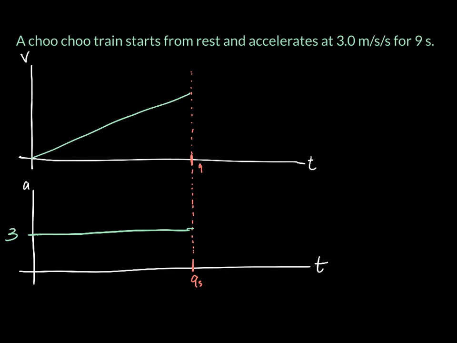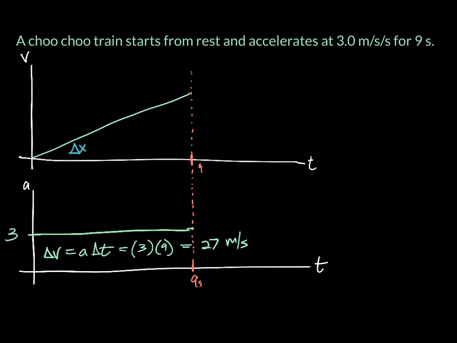All right? So the nice thing here is we know that delta v equals a delta t, which means delta v is going to be 3 times 9, or 27 meters per second.